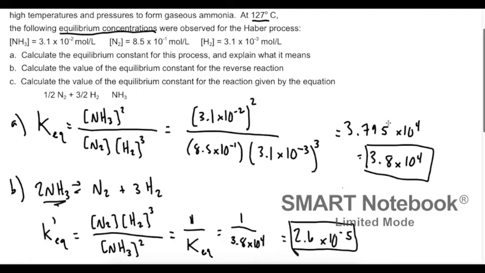Okay, so part C, now I want to calculate the value of the equilibrium constant for this reaction. Let me draw my reverse yield arrows. Okay, so you can see that this is the exact same reaction process now. It is just that I have taken my stoichiometric coefficients and I've divided them all by 2.